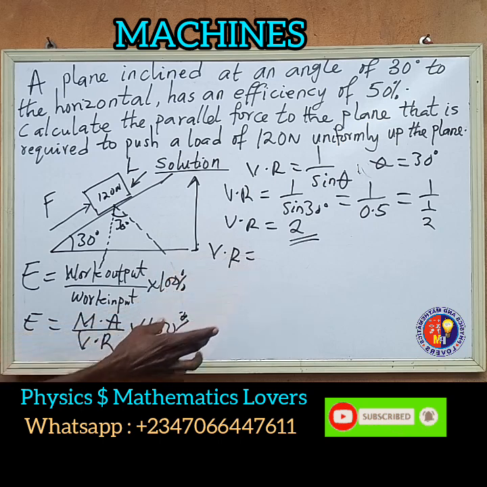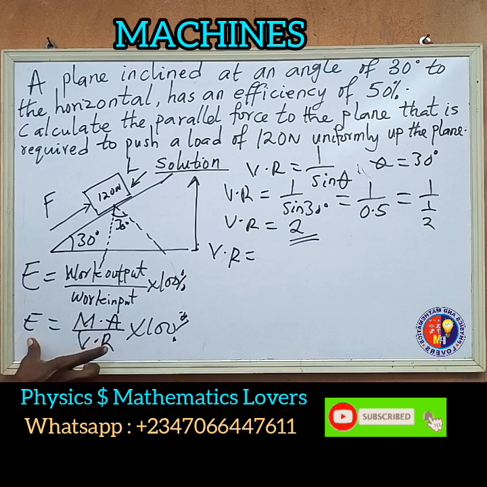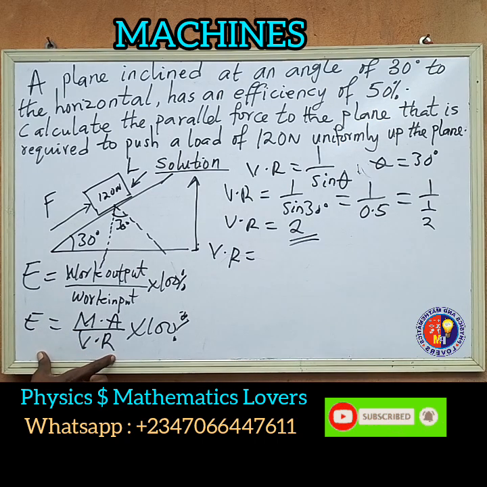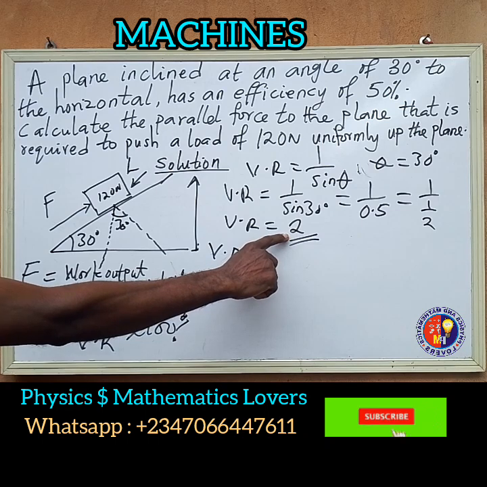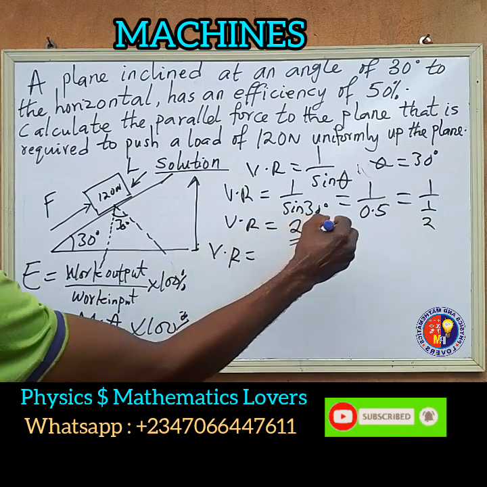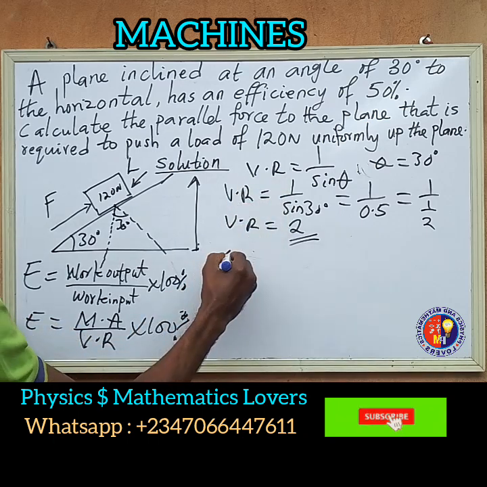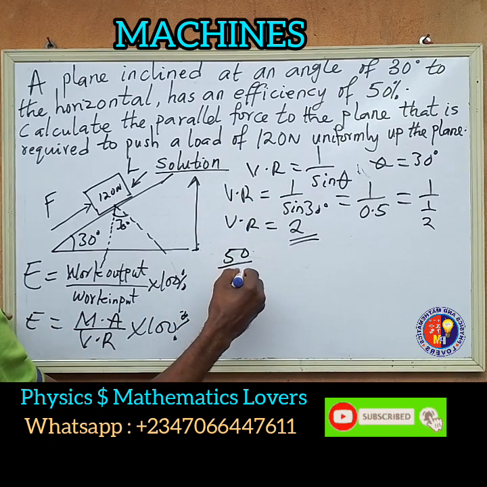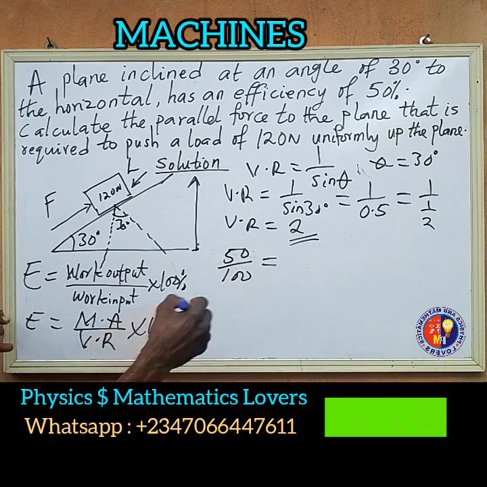So there is a relationship between the mechanical advantage then with the load and effort. What do we do? From here, let us get the mechanical advantage, since we have already calculated for the velocity ratio. Then, since we said that the efficiency is 50%, that means we're going to have 50 over 100 because it's a percentage, equal to, remember we said, our mechanical advantage over what?